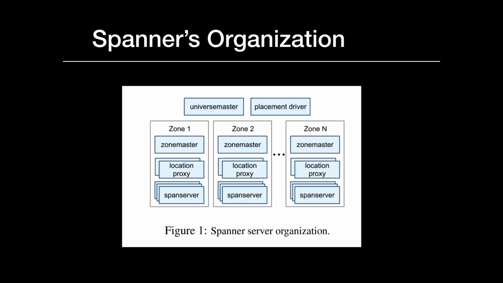And tying it all together, our spanservers are located in zones, and these zones are administrated by what are known as zone masters. Zone masters are what assign data to spanservers, and spanservers serve this data to clients. These other components of Spanner were not mentioned in detail in the paper, but they serve important administrative tasks, and if you're curious what they do, you can read about them in the paper.